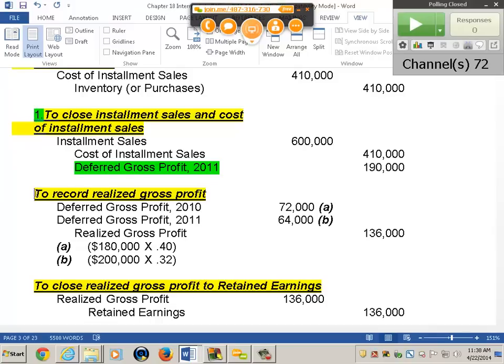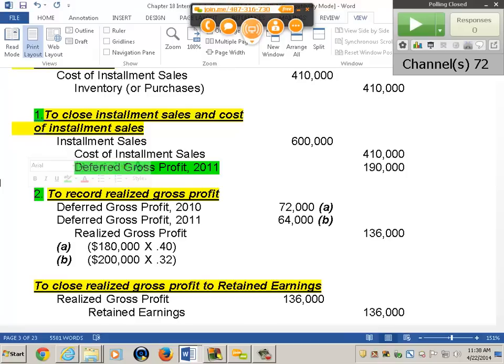Then the second thing we do is we recognize the gross profit. And we already know that we've got 72,000 coming in from 2010, 64,000 recognized from 2011, so it's 136,000. The entry debits the deferred gross profit and it credits the realized gross profit account. And I have T accounts that follow. Okay, you can take a look at those as you go through this on your own.